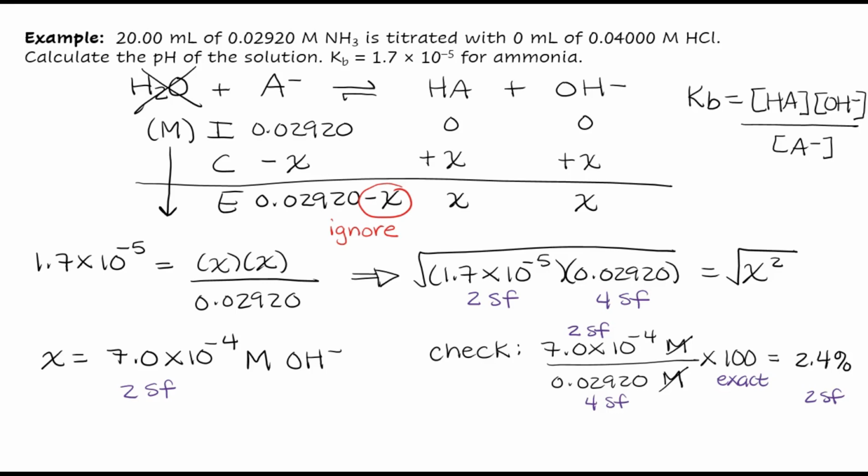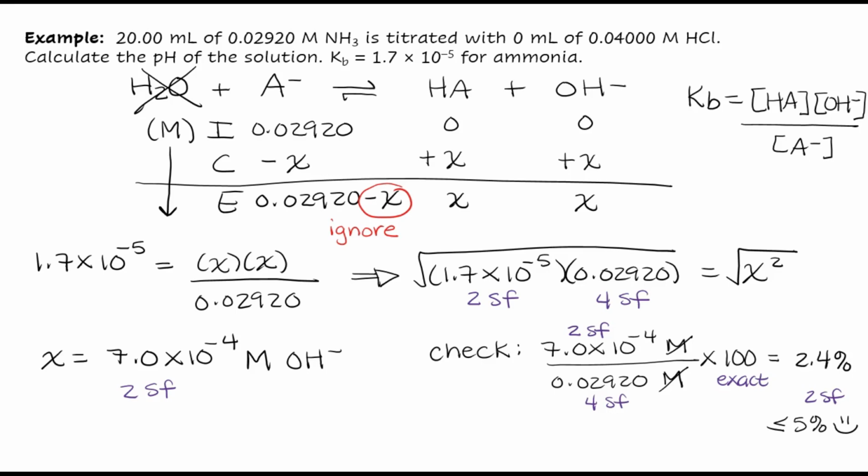The threshold that we set to say when the minus x is small enough is 5%. So because 2.4% is less than or equal to 5%, our assumption is valid, and we can go ahead and use the hydroxide molarity for x that we calculated.